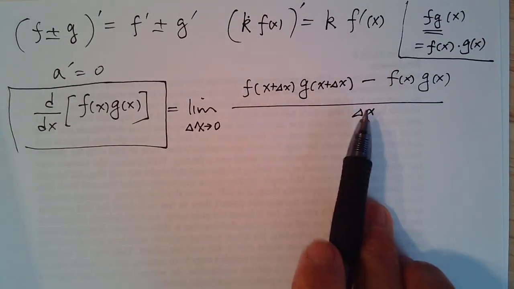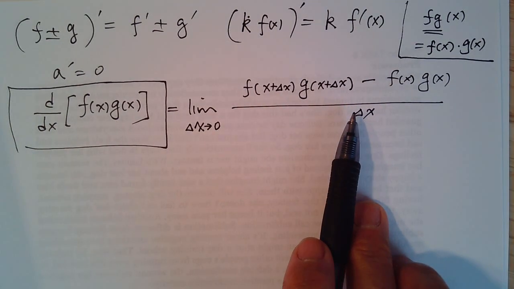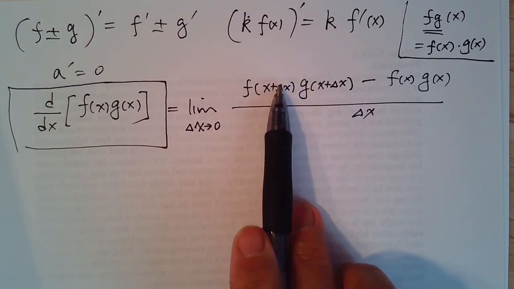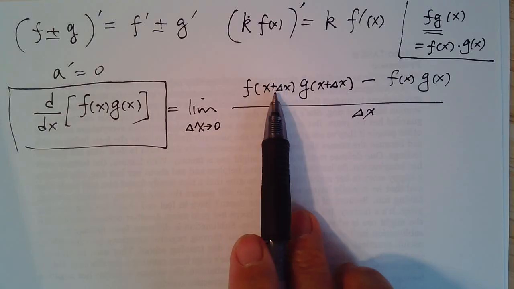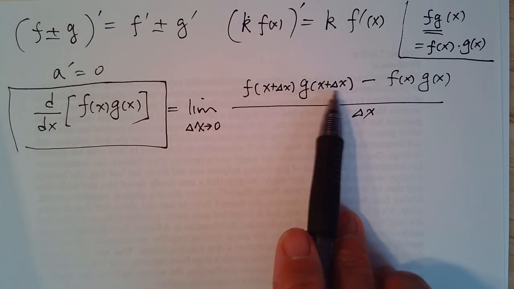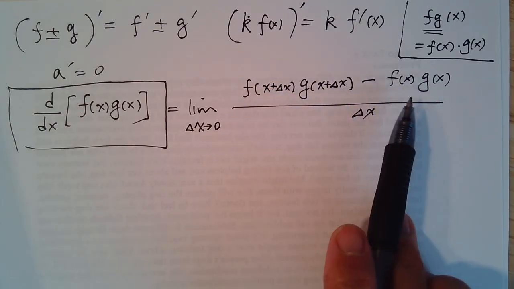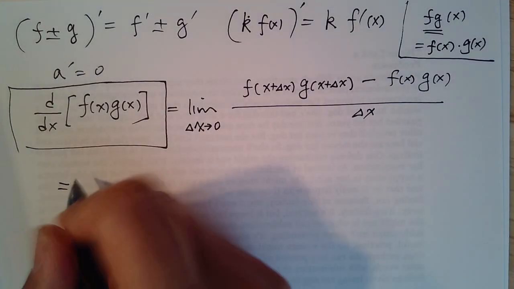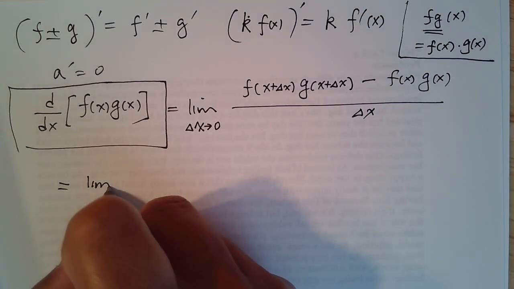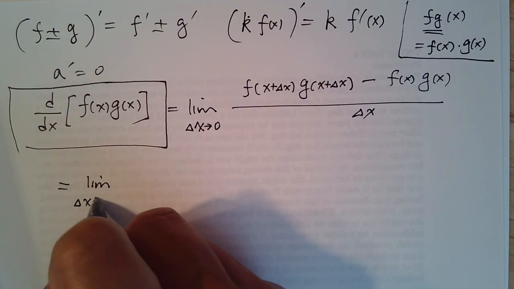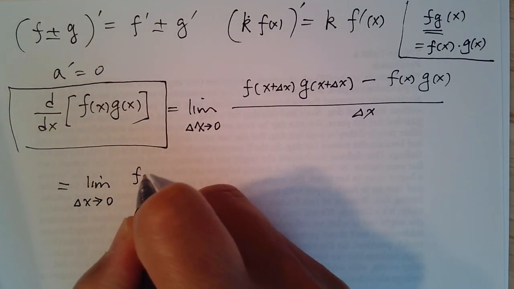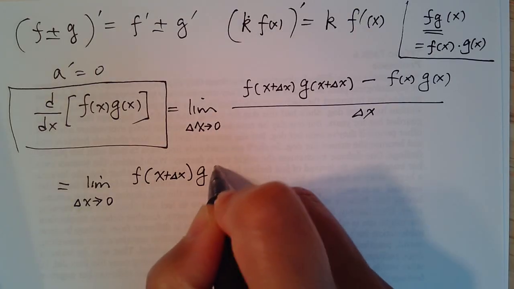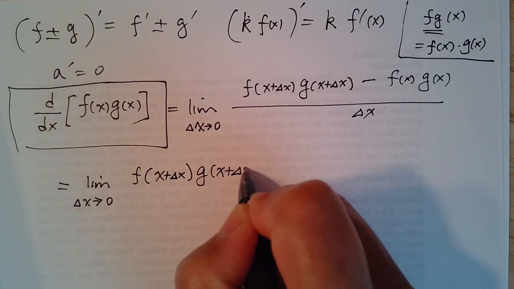So we need to work on this. But if you look at that, you say, wait a second, this is f of the new value x plus delta x, g of x plus delta x. There's nothing I can subtract or add. So I'm going to add a term and minus a term. I want you to pay attention to this, see what I'm doing. So I will have f of x plus delta x, g of x plus delta x.